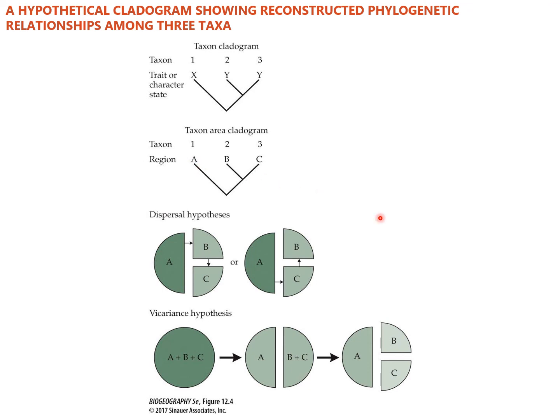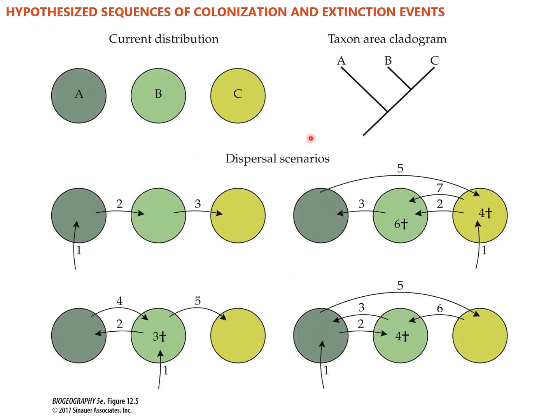And we can take this even further. We could have the same taxon area cladogram with areas A, B, and C, and look at different dispersal scenarios. Maybe you had a really straightforward scenario where one organism colonizes here, then disperses here, and then here, and you end up with this cladogram.